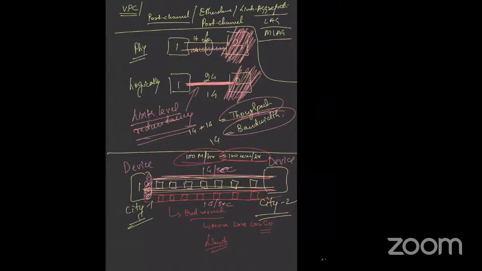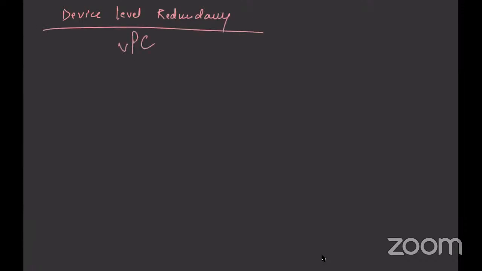Basically. So now to overcome that limitation, which is known as device level redundancy, there is a concept known as virtual port channel. This V represents virtual. So what does it mean?